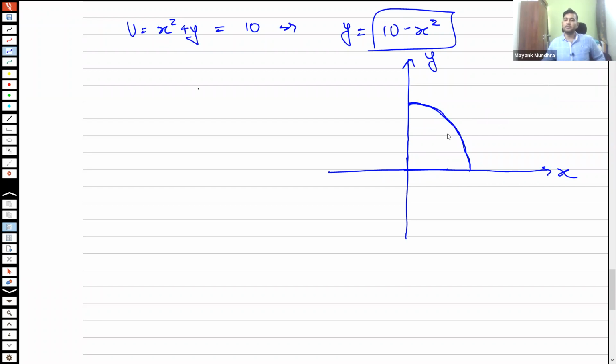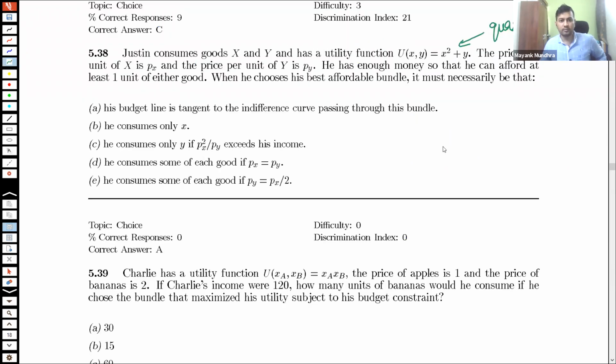Okay, now what happens for any utility level that we want to reach? So this is some preferences that you have, which look like this. Now, he has enough money so that he can afford at least 1 unit of either good.